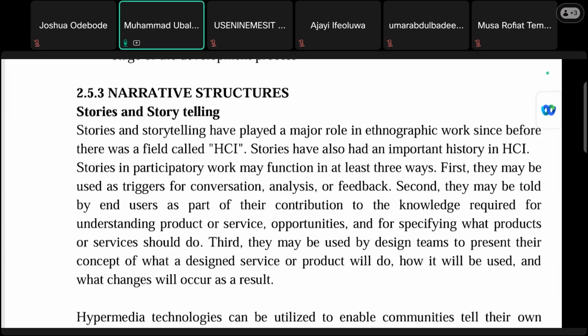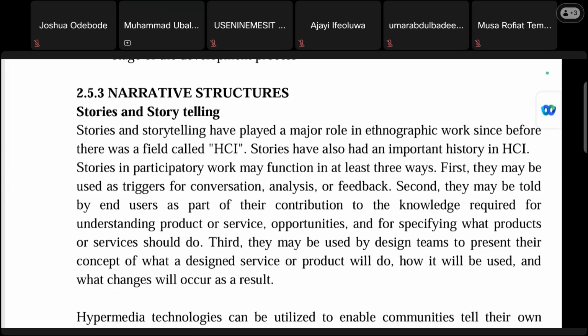Number one, they may be used as triggers for conversation, analysis, and feedback. Two, they may be told by end users as part of their contribution to the knowledge required for understanding products. And three, they may be used by the design team to present their concept of what a design service or product will do and how it will be used and what changes occur as a result.